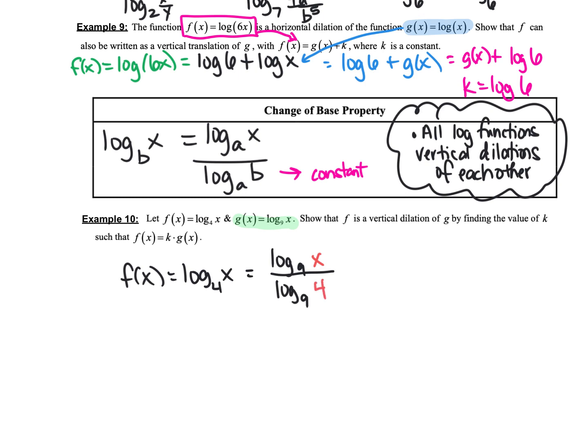Now, let's look at what we've got left. It says it wants me to show that f of x is the same thing as k times g of x. Well, g of x was that log base 9, so my numerator now is g of x. It's log base 9. We just did a substitution there. It told me that. And I've got my log base 9 of 4. When I divide by something, it's the same as multiplying by 1 over that value.